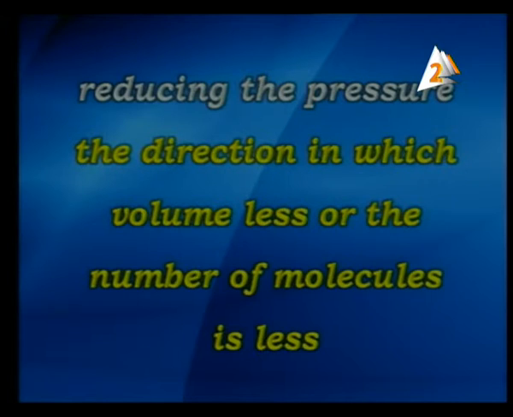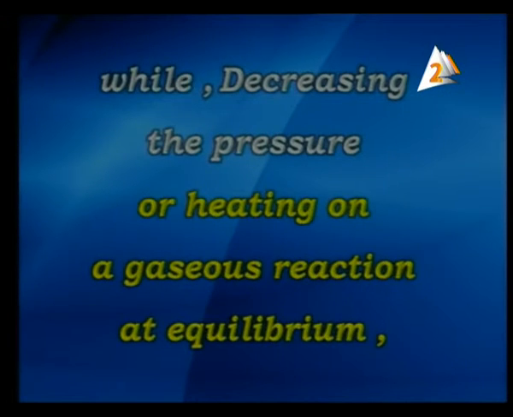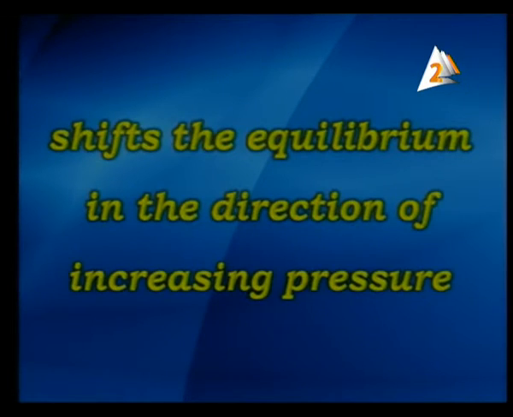Why? To make a shift between the forward direction and the backward direction. So you can find that decreasing the pressure or heating on the gaseous reaction at equilibrium shifts the equilibrium in the direction of increasing pressure.